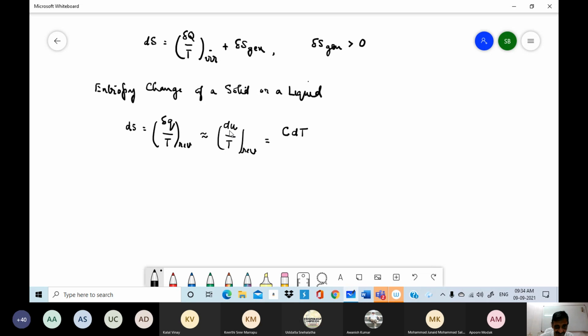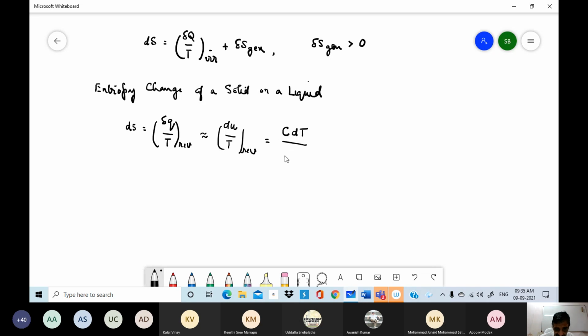So then the change in specific internal energy would be the specific heat times dT. In the case of a solid or liquid, we do not distinguish between a specific heat at constant volume and constant pressure.